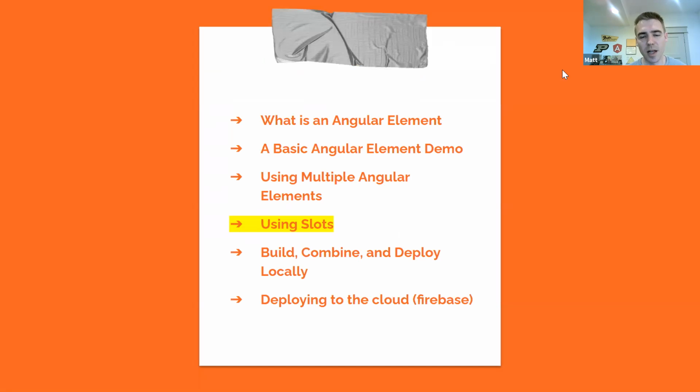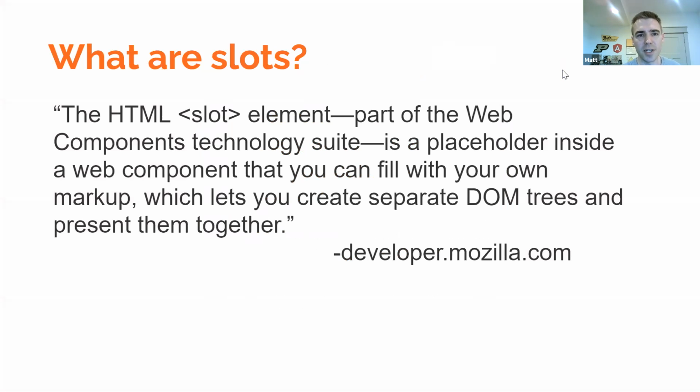Next, we'll talk about slots. So slots are basically just an HTML element that you can put inside of your Angular element, and it allows you to pass in markup to a web component. So it's kind of nice. You can use as many of these as you want.